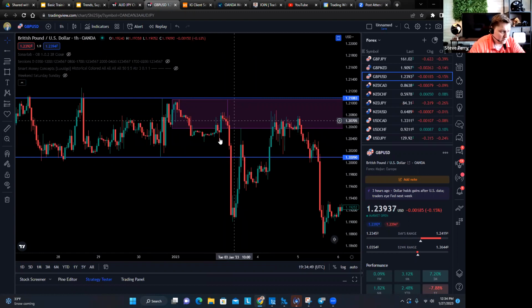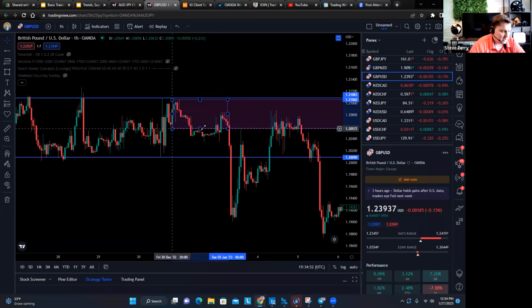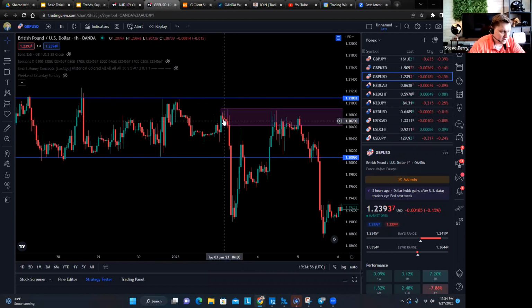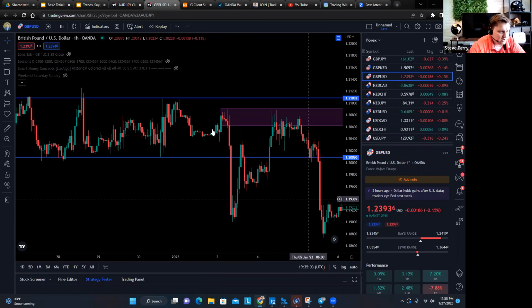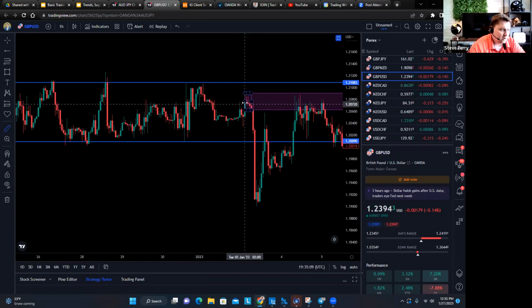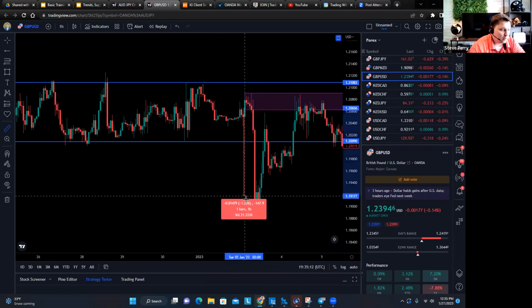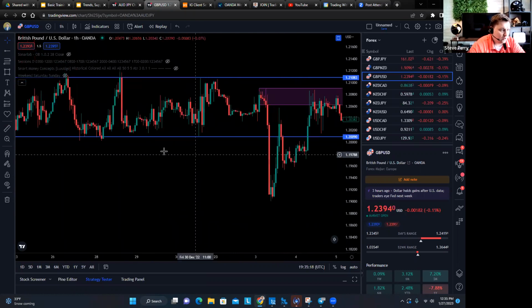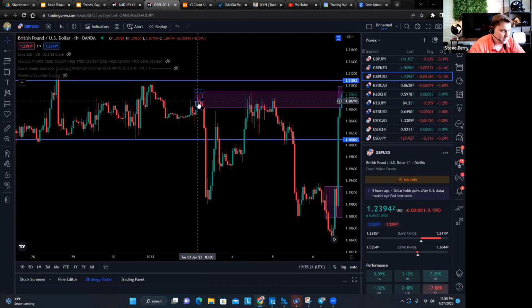You got supply up here, because this was the last little supply before this market broke down. This was the load up area. Whatever they did and loaded up here caused such a hard break that it broke all of this that they worked so hard to build. So they must have done something crazy right there.